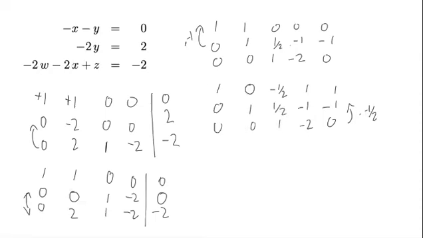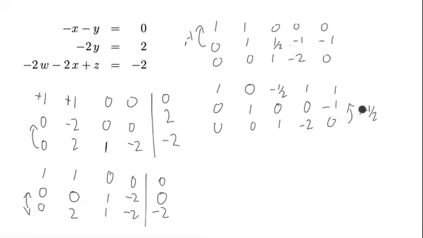Doing that would give you a 0 here. And -1/2 times -2 is just +1, plus -1 would just be a 0. So it'd just be 0 there, and this doesn't change anything right there.